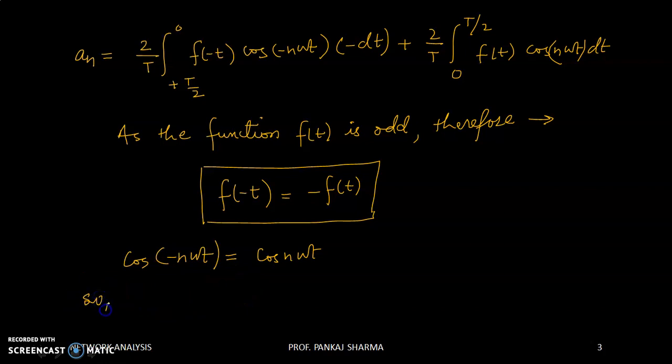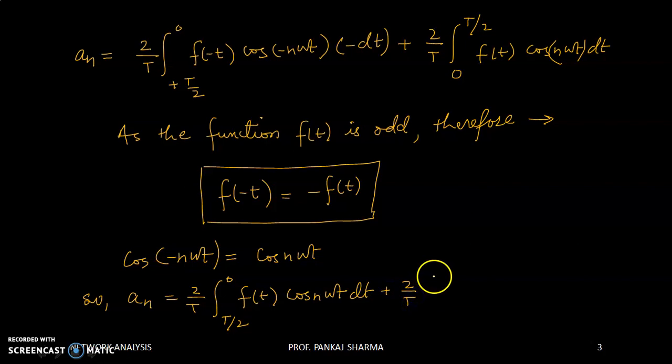So an is equal to 2 by T integral from minus T by 2 to 0 of f of t cos n omega t dt plus 2 by T integral from 0 to T by 2 of f of t cos n omega t dt.